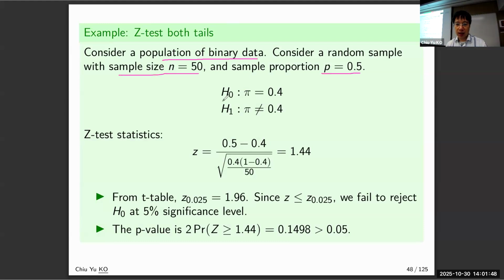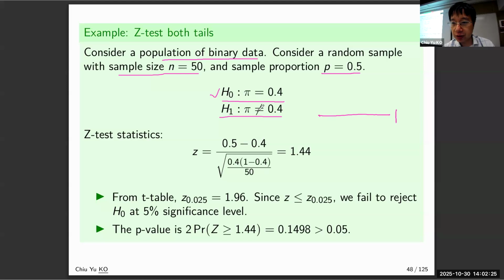My null hypothesis is that 40% of students like statistics. And it turns out that, surprisingly, 50% of people like it. So can I say H0 is okay, or is it actually different?